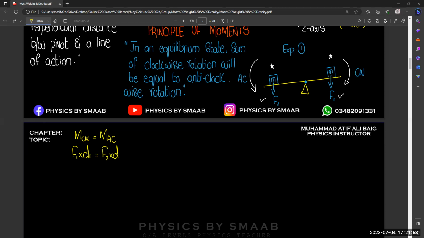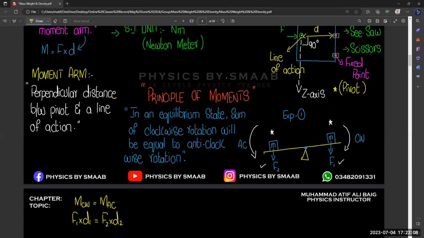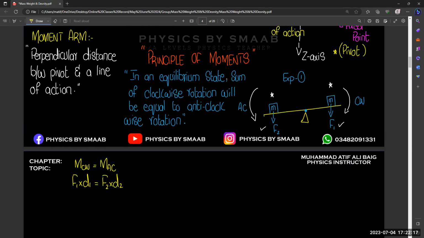So we write the formula like this, where CW means clockwise rotation and AC means anti-clockwise rotation. I'm writing in short because we just need to solve the question in the exam.